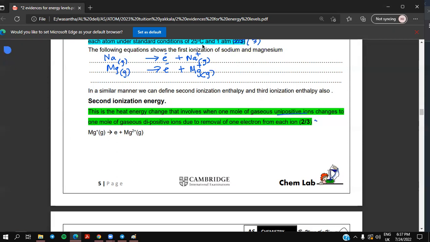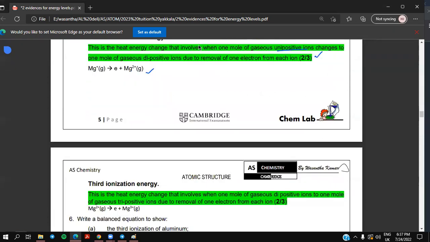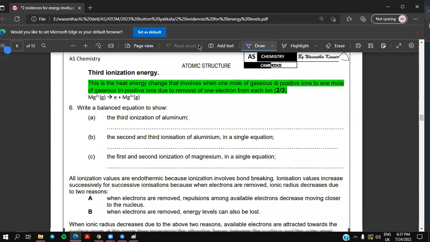Again, marks are given. Example is this. Mg plus gas giving 1 electron, 1 mole of electrons, and 1 mole of Mg2 plus gas is produced. Third ionization energy.